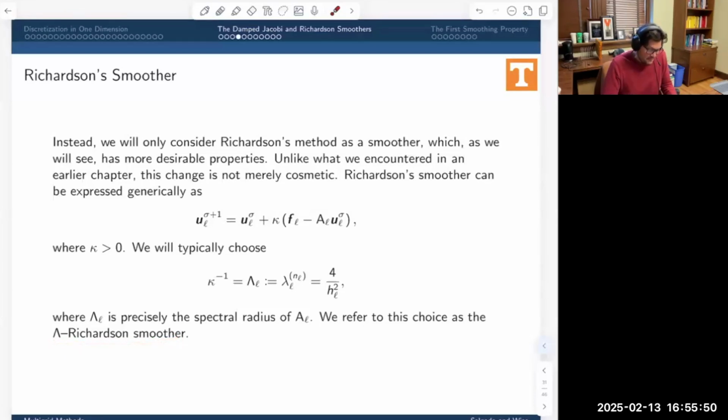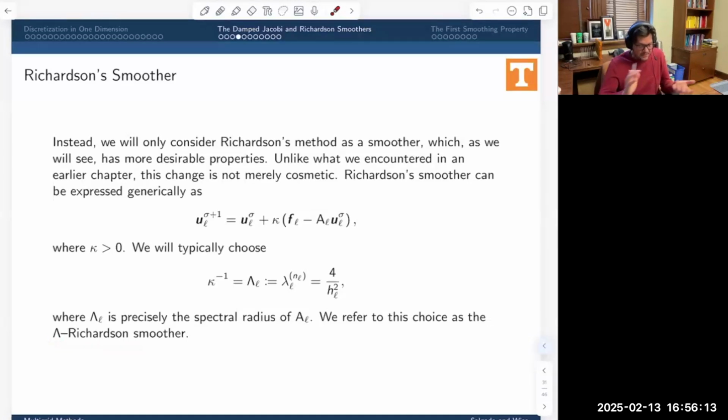Now I want to give that a precise name, because what I'm going to do is use a scaling. I'm going to replace this kappa with another number, and I'm not always going to choose my kappa to be this way. That's what you do when you choose the specific lambda Richardson smoother.